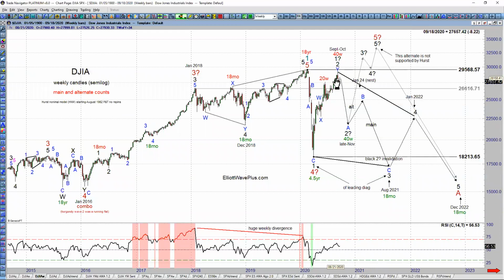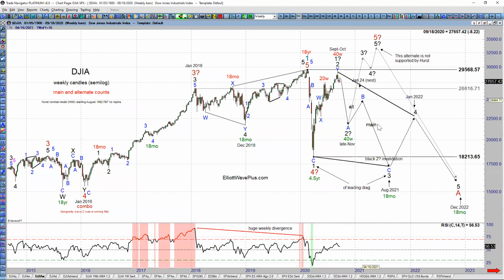If this roadmap is correct, that will be an ABC structure for a wave 3 of a contracting leading diagonal. There would be a very tight window down here that it must stop at. It's just ever so slightly below the March low of this year.